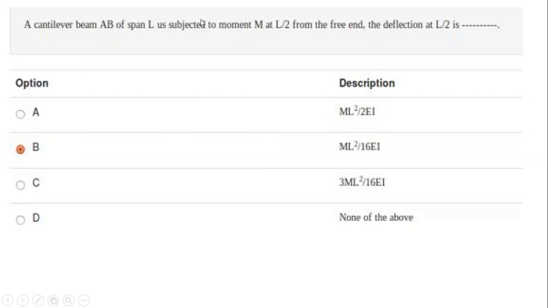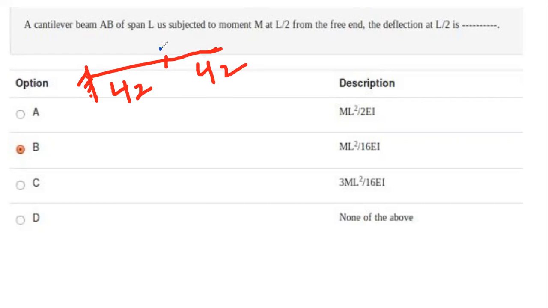So this is L by 2, this is L by 2, and at L by 2 the moment is there, that is capital M. We have to find out the deflection at this particular point, suppose C. So we have to find out y C.